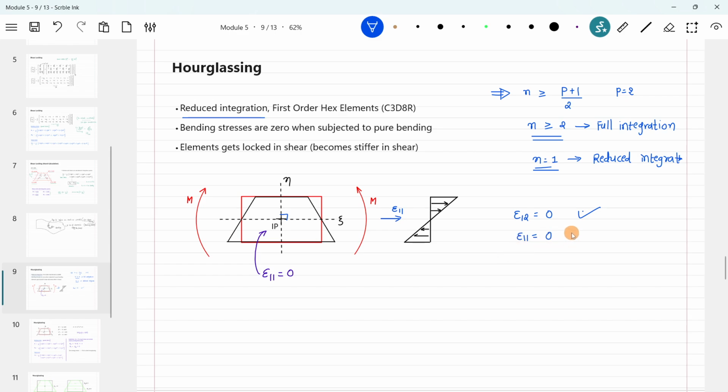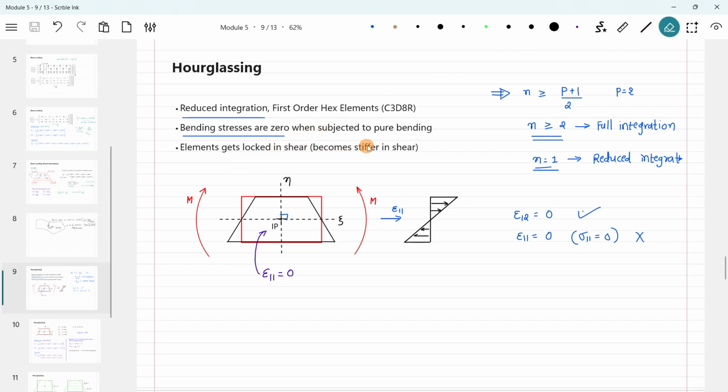That means our bending strains are 0 and bending stresses are also 0, but this is not desired, right? In pure bending we should get bending stresses. However, reduced integration elements exhibit zero bending stresses when subjected to pure bending moment.